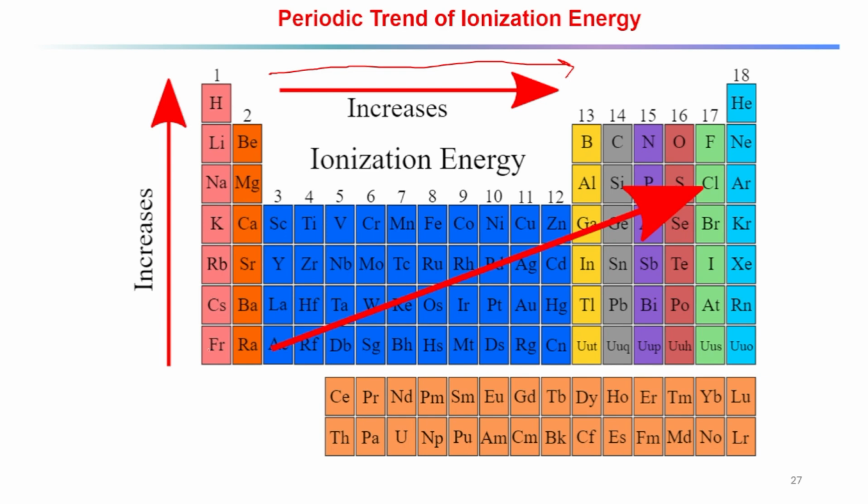So we can say that ionization energy increases from bottom to top. So actually we can say that this is increasing in this upright corner of the periodic table, right? That's why I call it the UR property or upright property.